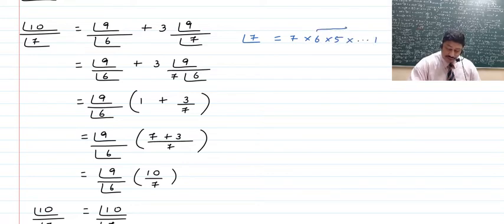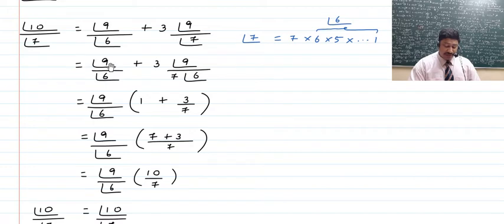Further, this bracket is actually factorial 6. So factorial 6 when multiplied with 7 will give you factorial 7, and that is how we have factorial 7, which can be written as 7 times factorial 6. That is so that we can take maximum common outside.